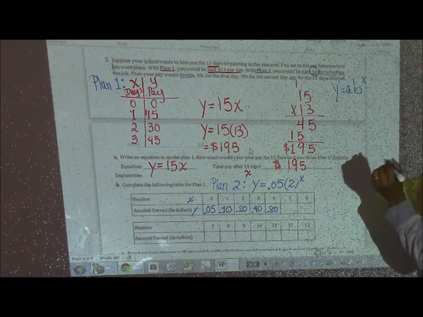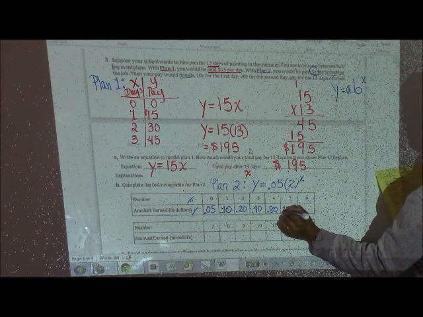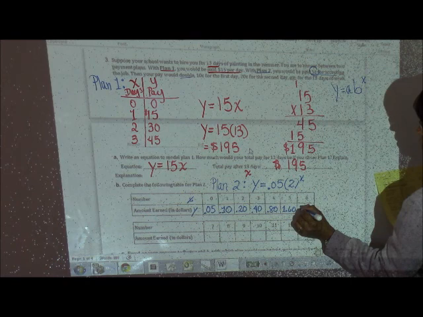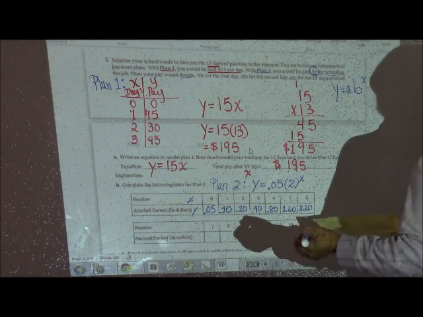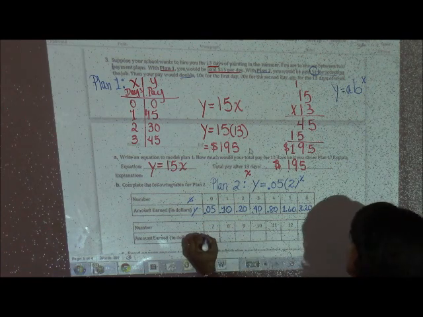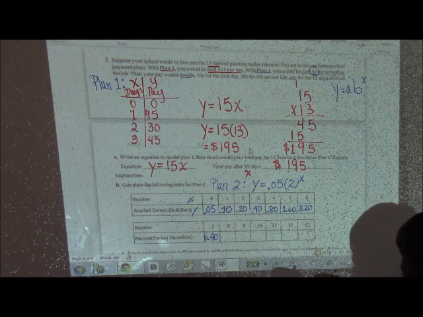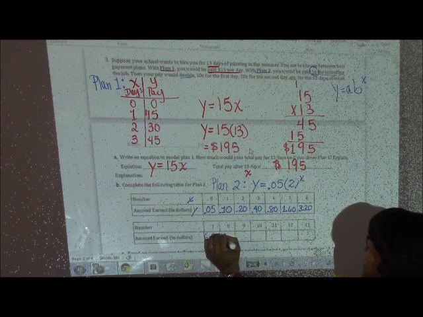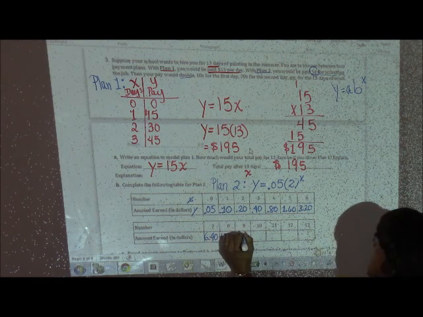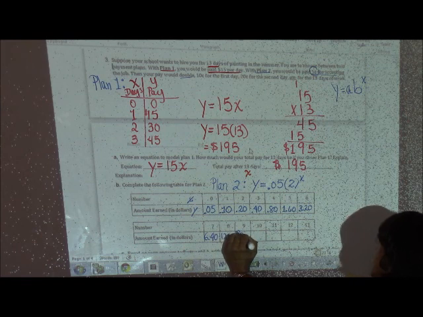And then we're going to have $1.60 on day 5. We're going to double that and get $3.20. And then we're going to go down here to day 7, we get $6.40. And day 8, we have $12.80. Day 9 is $25.60.